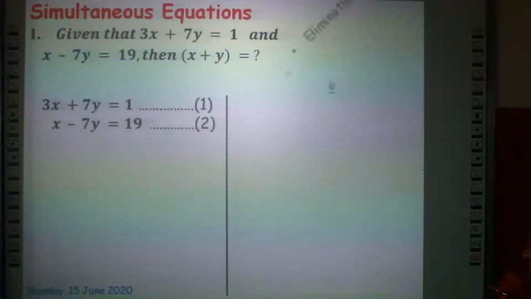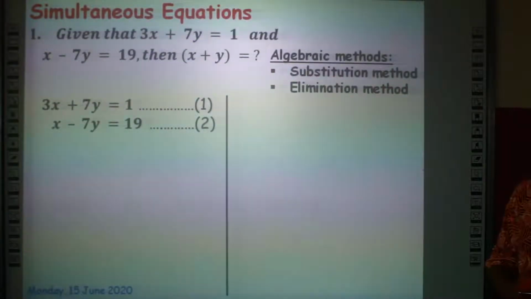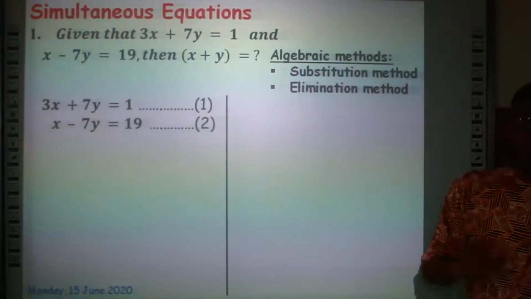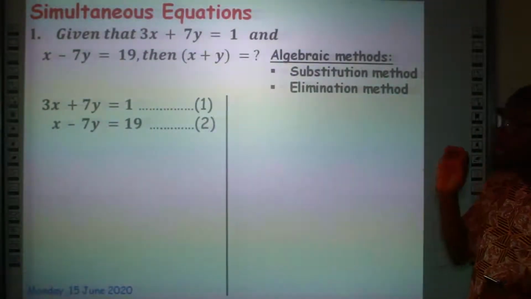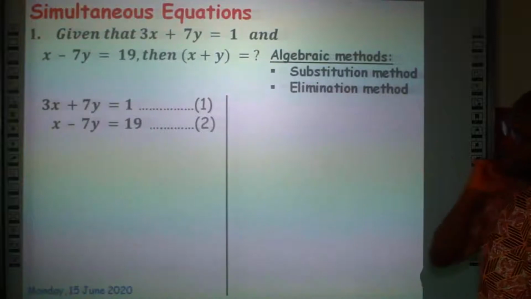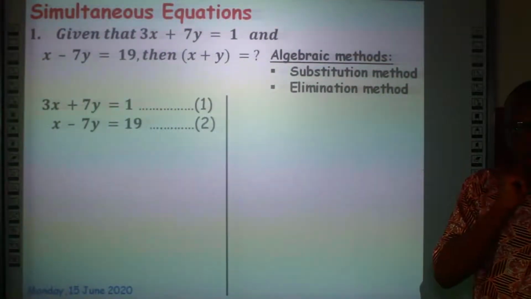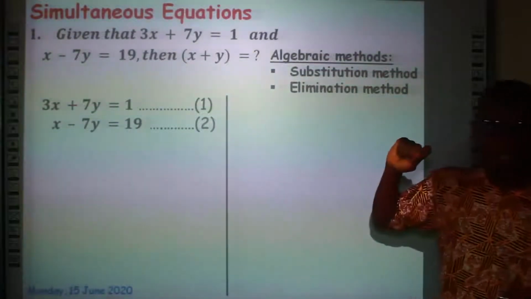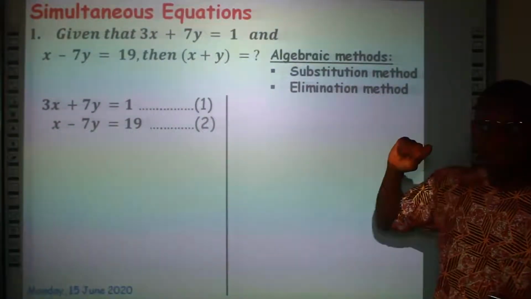Alright, so like I said, the two algebraic methods we'll be considering are the substitution method and the elimination method. In the last lesson, we saw how we could use the substitution method, and for today, we'll be looking at how we use the elimination method. Now, of course, you might argue that given this pair of simultaneous equations, we can use the substitution method.